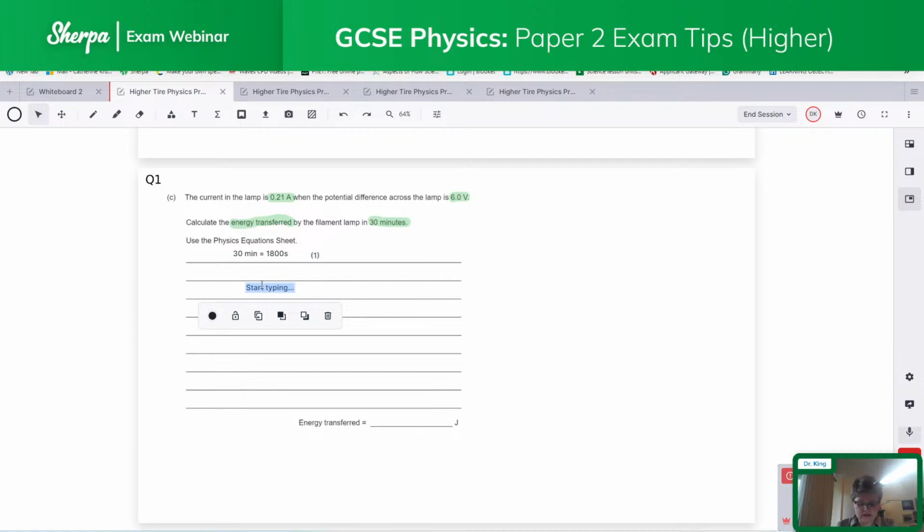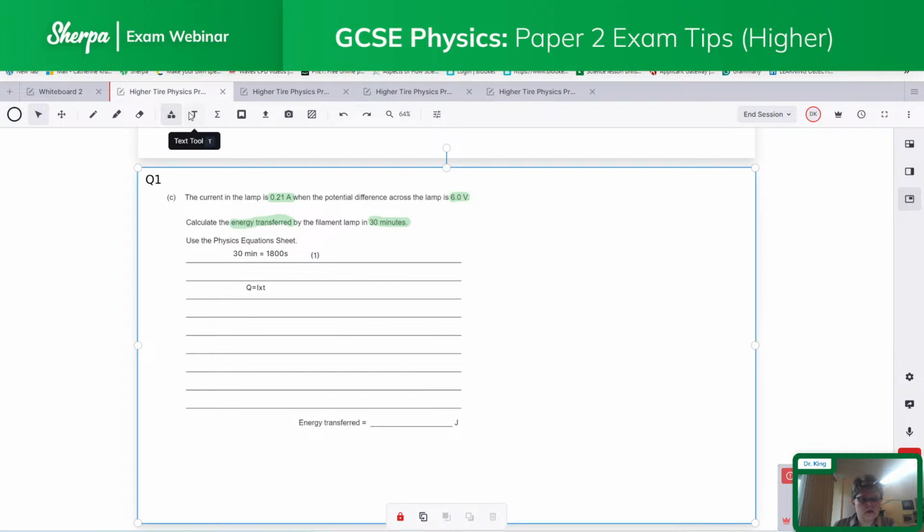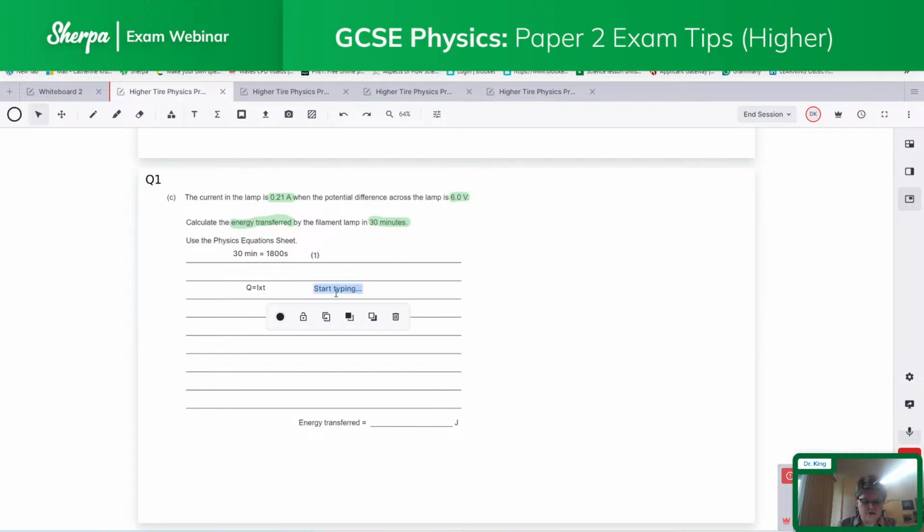So we can either go from the equation describing the current times time, or you can choose to calculate that from power, which will be equal to current times voltage. Okay, it's important to write down the equation that you will use. They ask you to take them from the equation sheet, so you don't need to remember them.